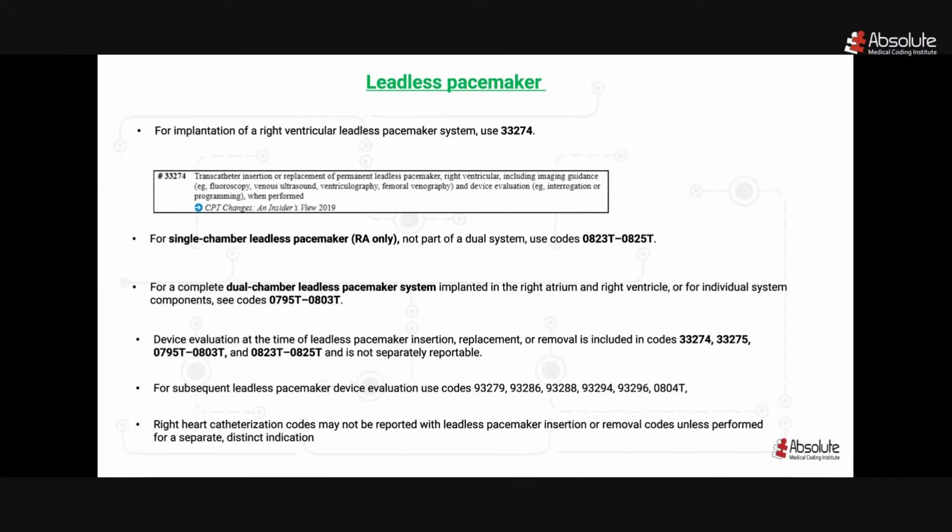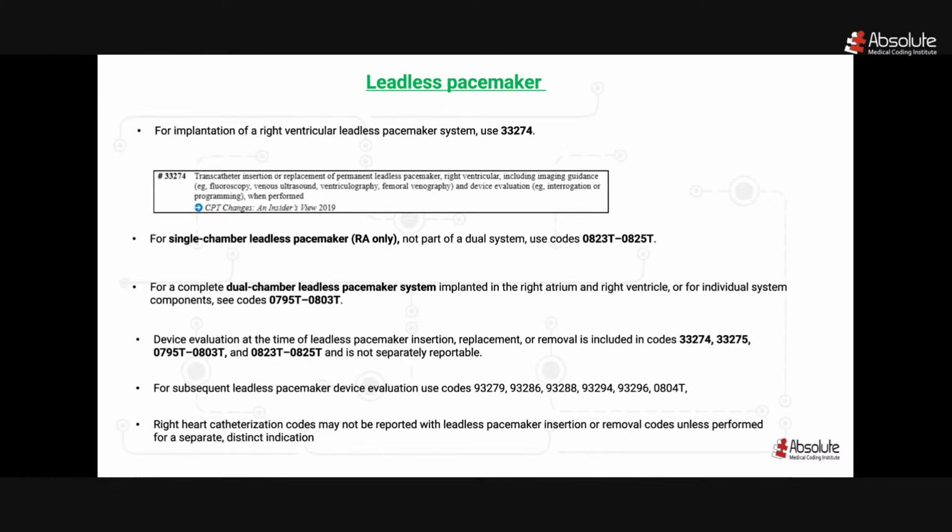Now, for the single chamber leadless pacemaker implanted into your right atrium, not part of a dual system, you will use codes from 0823T to 0825T. Okay, these are temporary codes, and that's where you will find these code series.